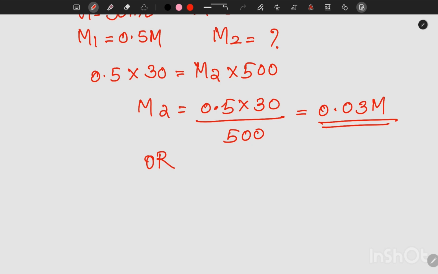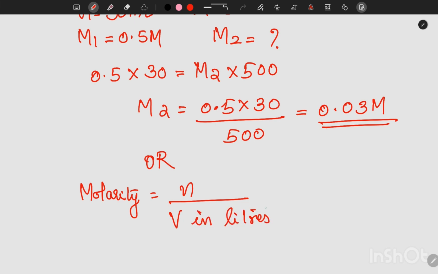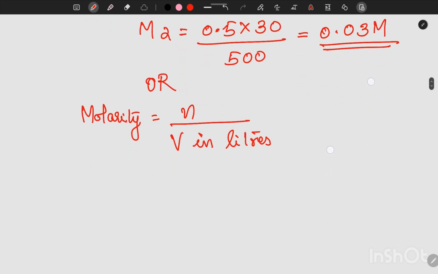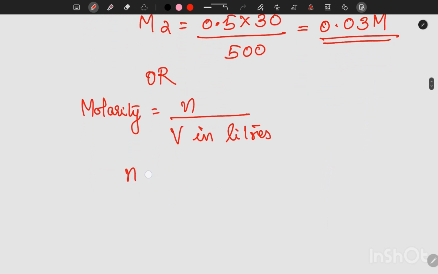you can calculate molarity equal to number of moles divided by volume of solution in liters, this formula. From this you can find out the number of moles. So number of moles is equal to molarity into volume of solution in liters.